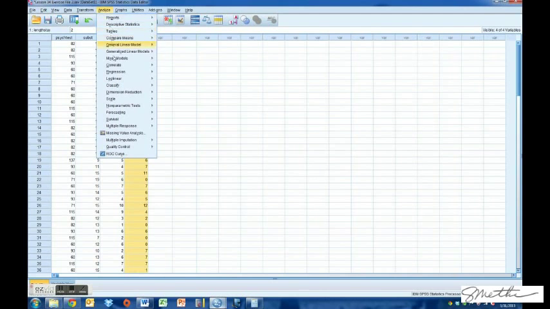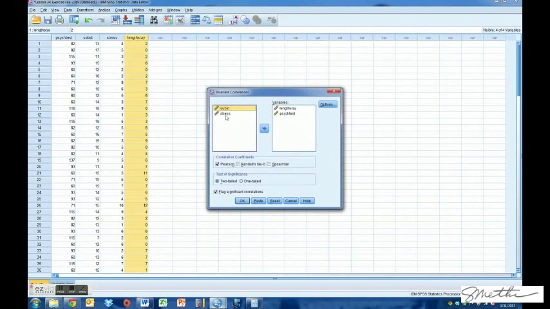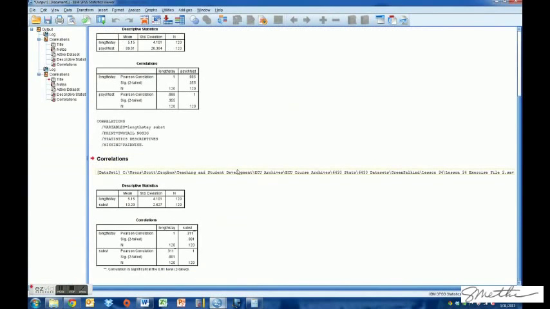Let's, for the heck of it, see if we can find a correlation that has a stronger relationship with length of stay, although this isn't the way you really go about doing analyses. So let's go back to analyze, bivariate correlation. Let's get rid of psych test and put in substance abuse and see what happens when we hit OK. Down here we have a little bit stronger correlation than what we had up here.